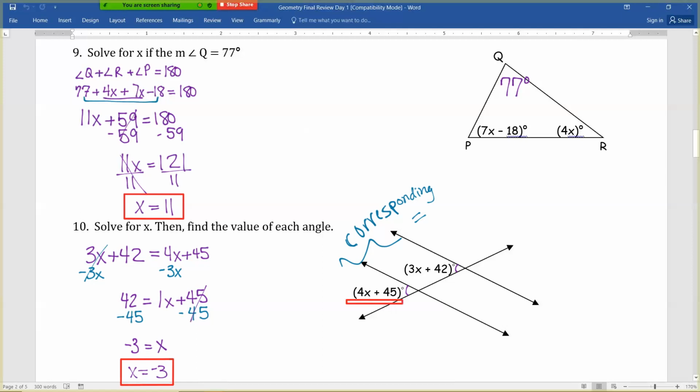If I just plug into this bottom one here, I would have 4 times negative 3 plus 45. So negative 12 plus 45 gives you a value of 33 degrees. So both of these angles have to be 33 degrees.